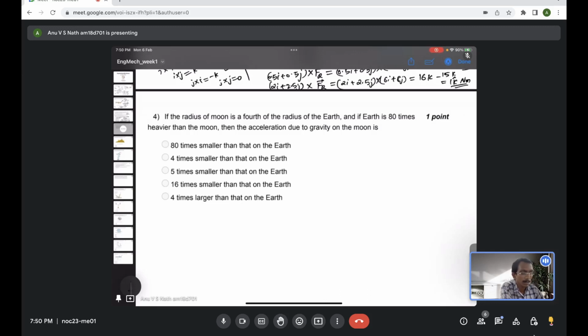You have to use the equation for the acceleration due to gravity on the surface of a body, the gravitational field on the surface from Newton's law of gravitation. I'll wait for a minute so you can try. If somebody finds the answer, please put it in the chat box, then I will explain how we can solve this.